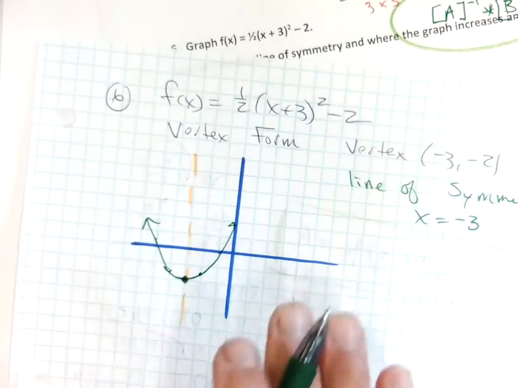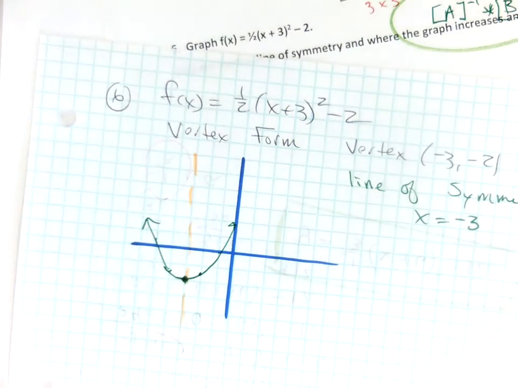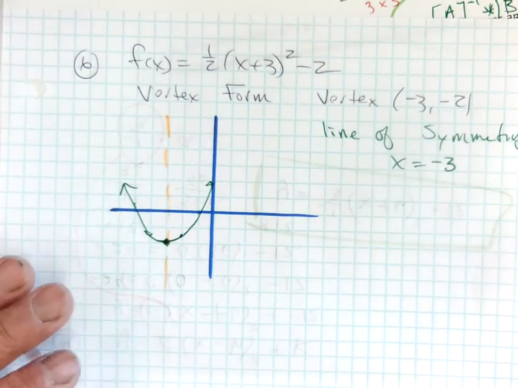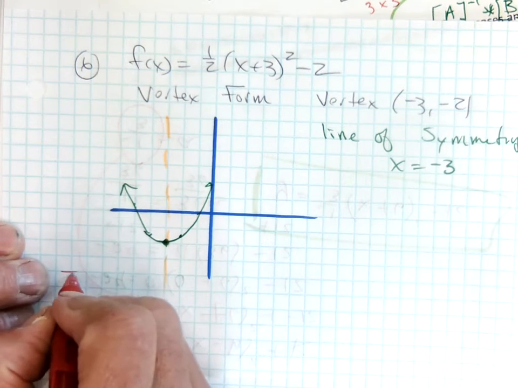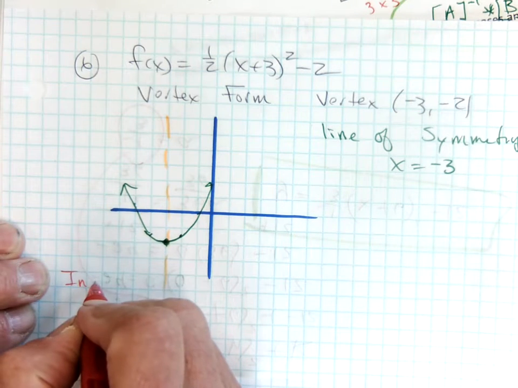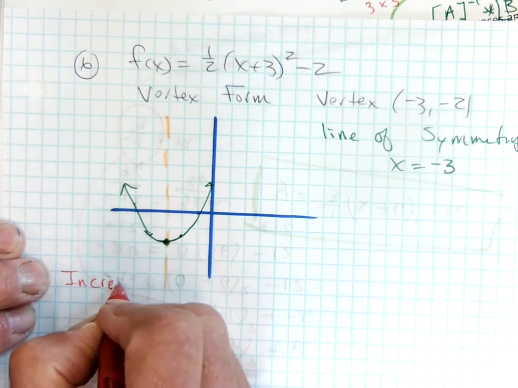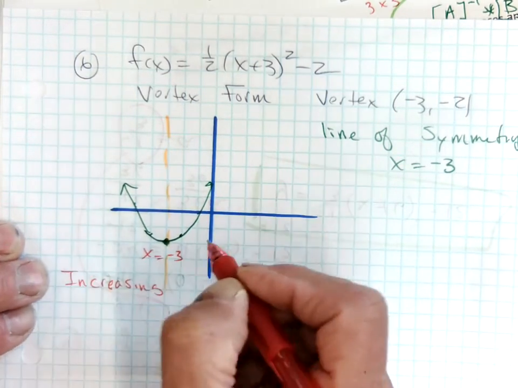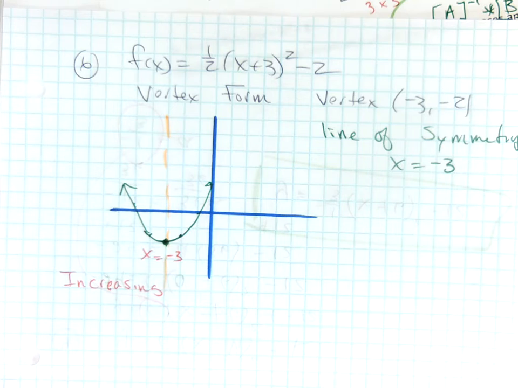Increasing, decreasing. Well, this is not hard. Where's it going up and where's it going down? Increasing is where it's going uphill. So right at -3, it's at its bottom, right? So from -3 to infinity, it goes uphill.